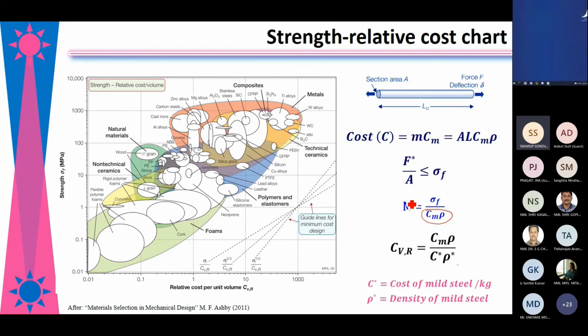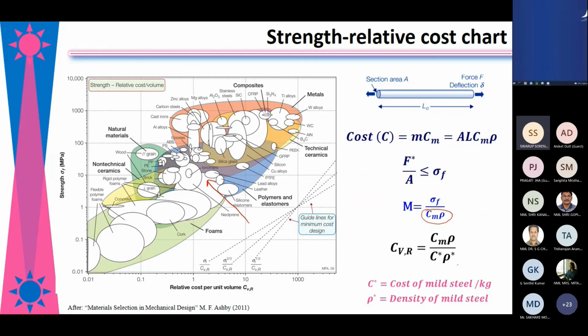So we want to design with materials where the cost per unit volume is low. If this is low, then this will be high, and we move in this direction. There we can choose a material which can give us low cost as well as minimum mass. So these are the applications of the charts for design.